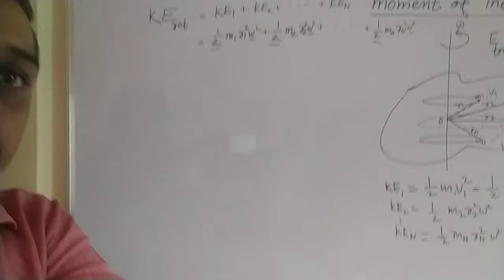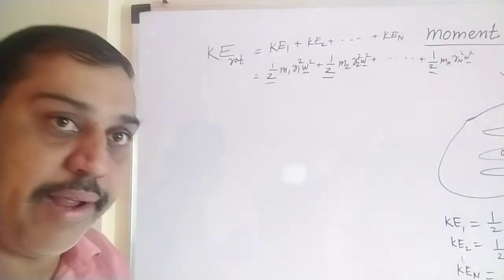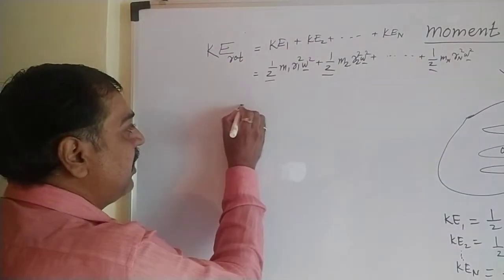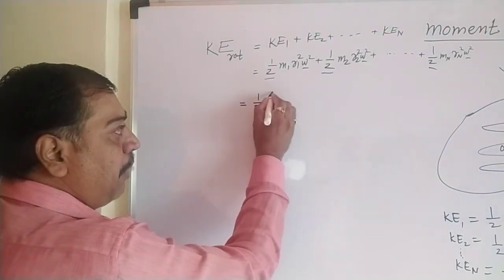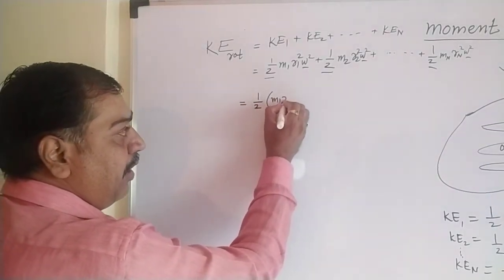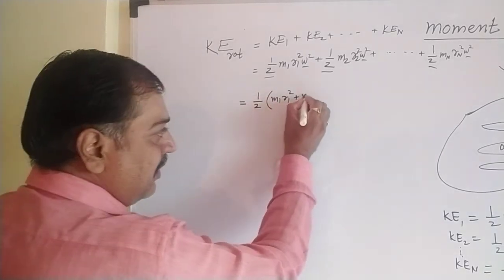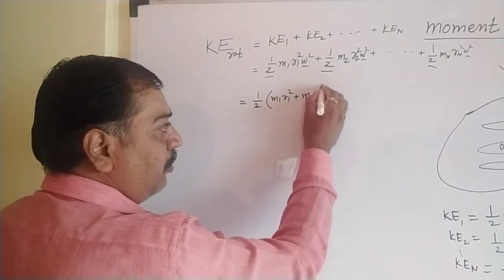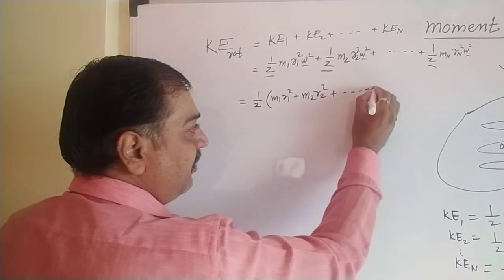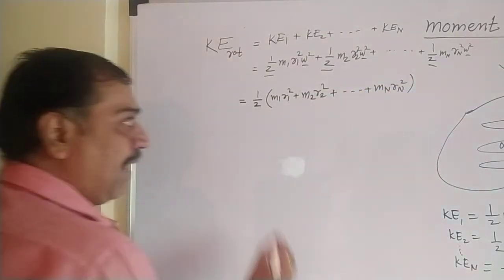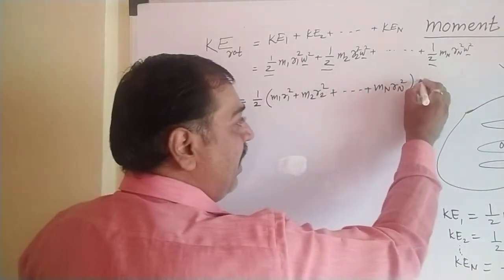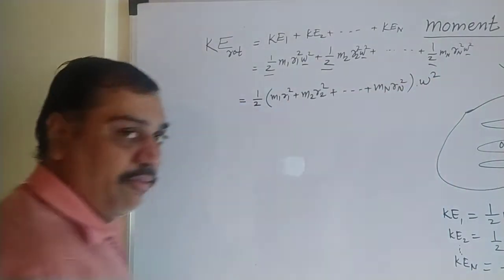So just take this common. We can write this as total rotational kinetic energy equal to 1 by 2 in the bracket m1 r1 square plus m2 r2 square plus so on up to plus mn rn square. These are in the bracket, 1 by 2 is common, and omega square is common.